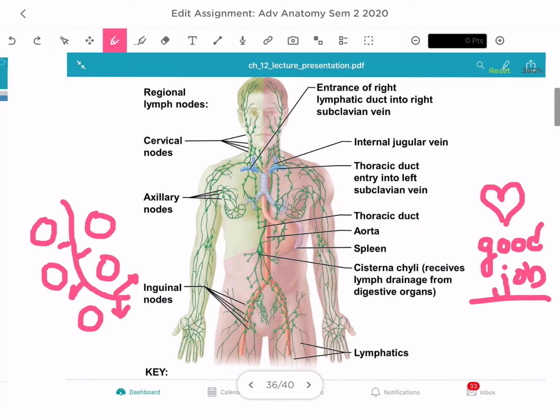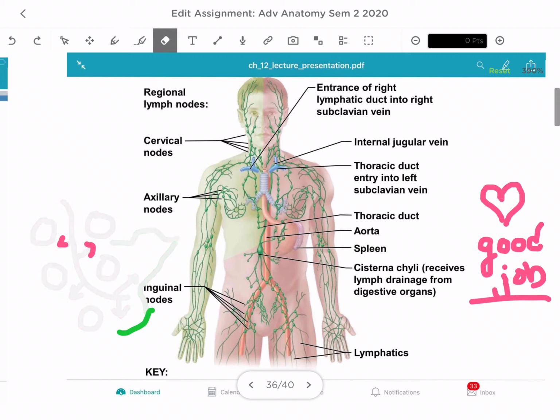The lymphatic vessels soak up that fluid and return it to the subclavian vein and then back into the blood supply so that the blood remains fluid.